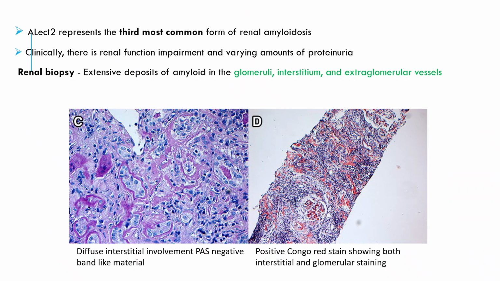In the interstitium, on the PAS stain, there is PAS negative material, which on the Congo red stain shows a salmon pink appearance.